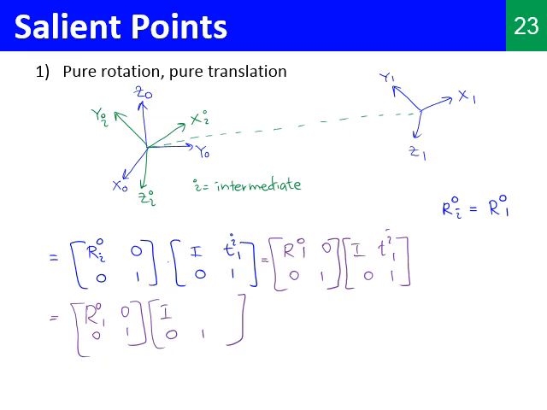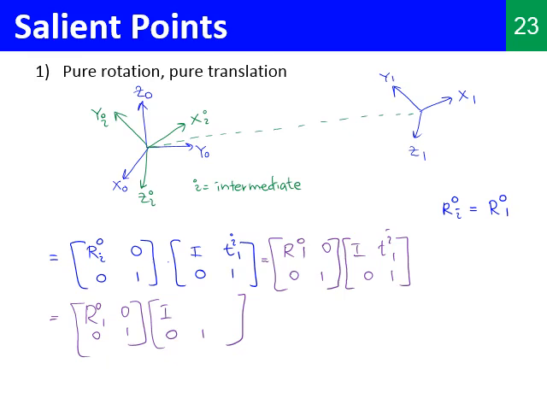Now if I take Ti1, that is this T1 vector expressed in the ith frame, now I can introduce a rotation matrix and represent the same thing.